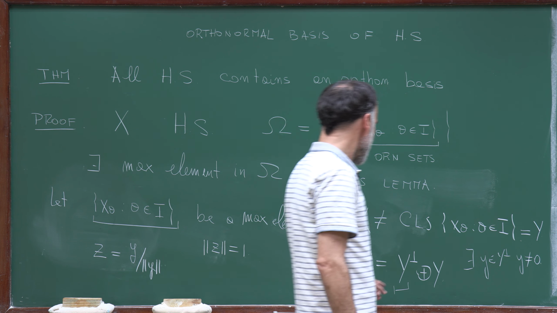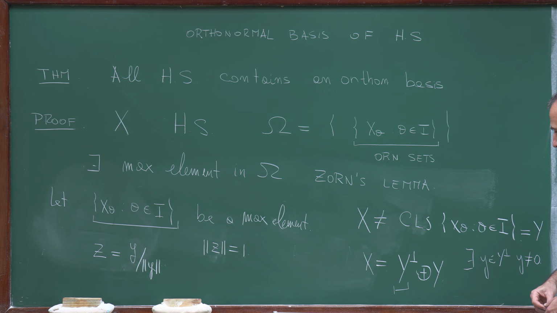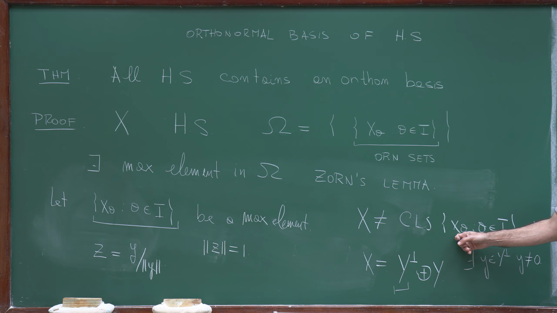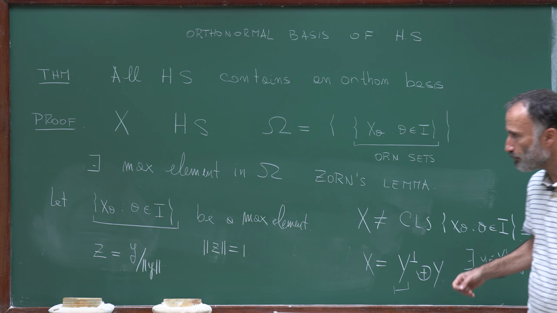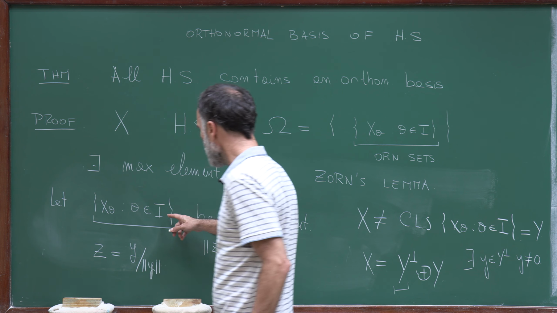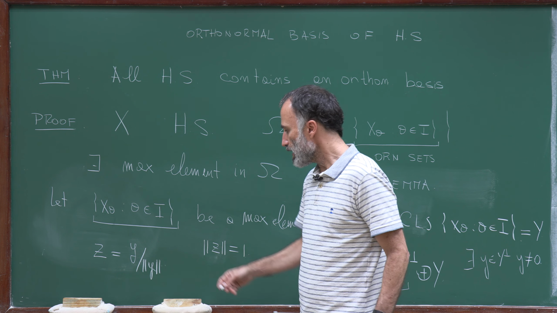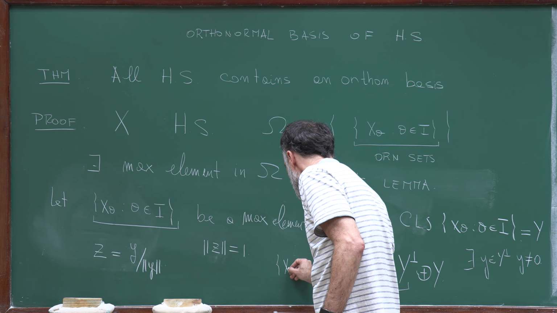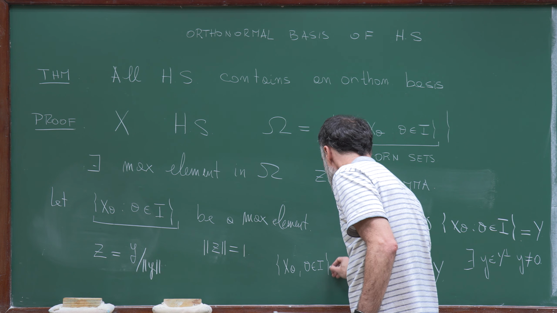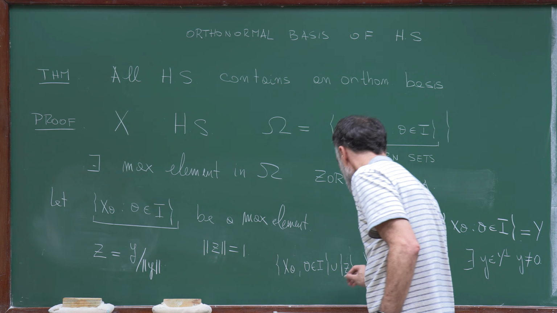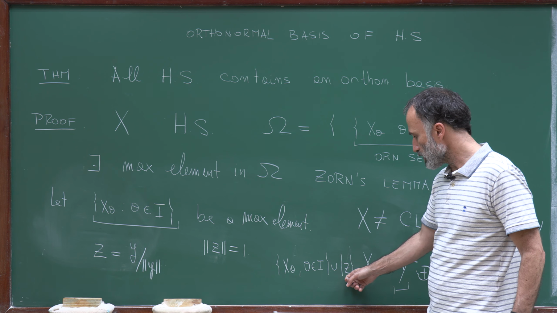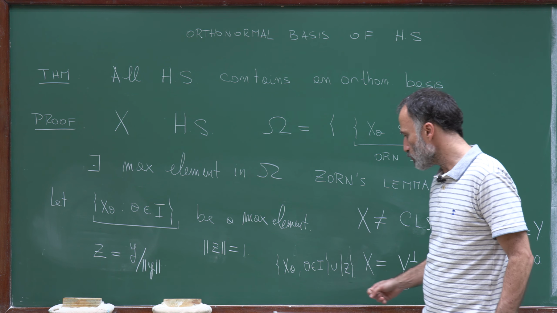And z belongs to Y perp, which means that z is orthogonal to all elements of Y, which means that z is also orthogonal to all x theta. Therefore, if I introduce z in this set, I get a new set, x theta, theta in I, union z. This set is also an orthonormal set because z has norm 1, x theta has norm 1.